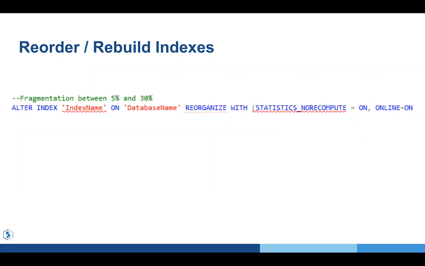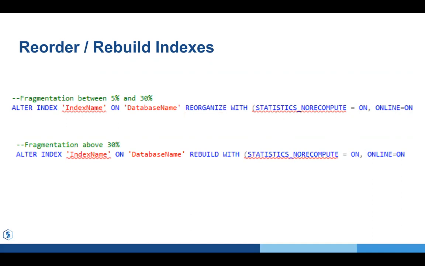And if the fragmentation on each of the indexes is above 30%, then we need to execute it with REBUILD. We are sending parameters like NORECOMPUTE ON and ONLINE ON so we can execute these index reorganize or rebuild actions on the fly, the same way as creating an index.